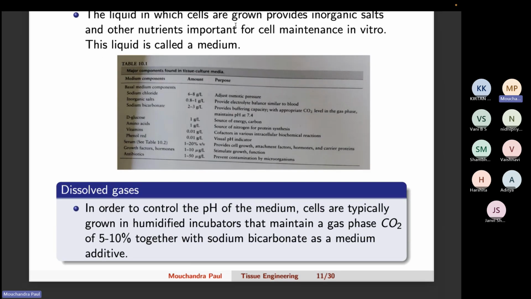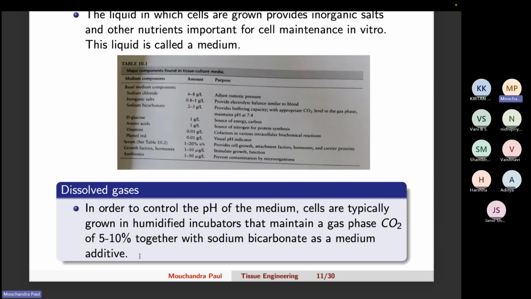Now, as I said, you need sodium bicarbonate to regulate the pH of the media to 7.4. So how does it happen? In order to control the pH, the cells are typically grown in a humidified incubator that maintains a gas phase CO2 of 5 to 10% together with sodium bicarbonate as a medium additive.